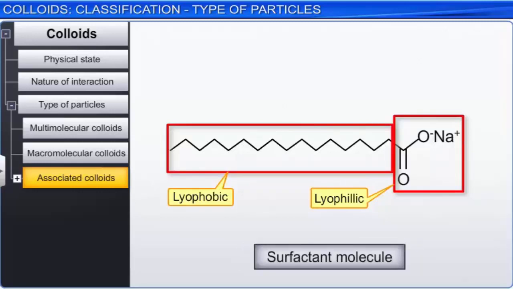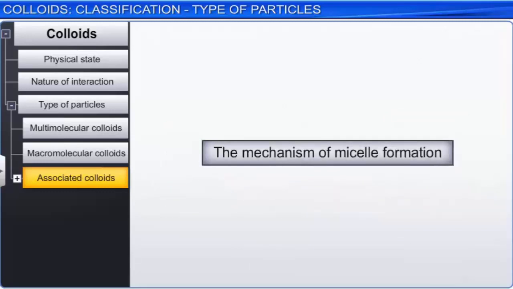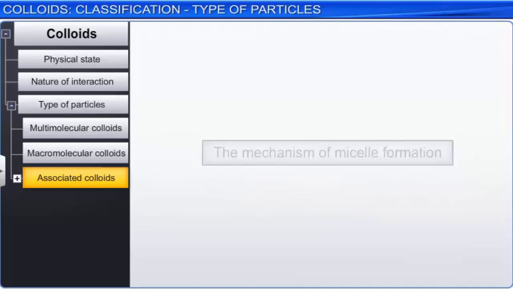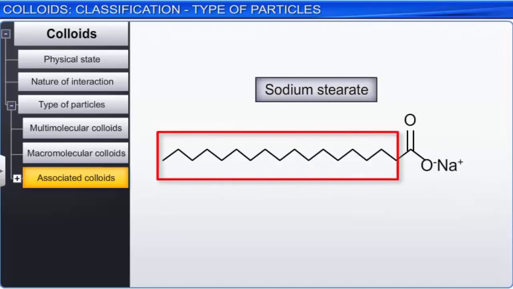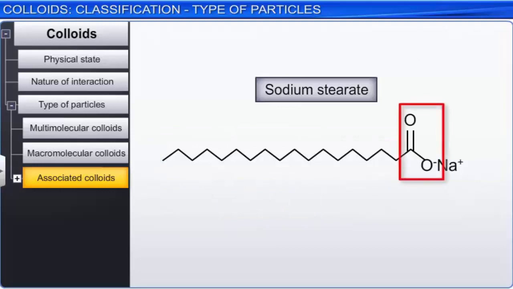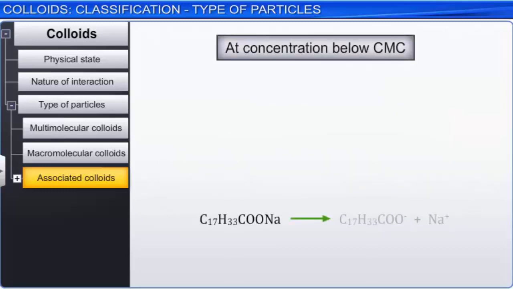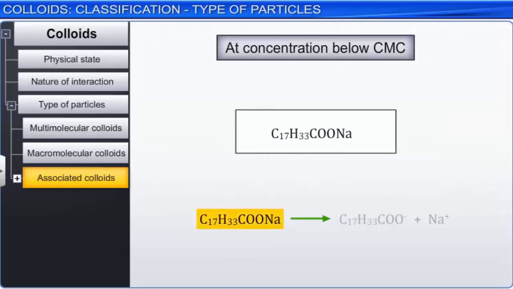Let us now discuss the mechanism of micelle formation. In sodium stearate, the long hydrocarbon part of the stearate radical, that is C17H35, is the lyophobic end, while COO⁻ is the lyophilic end. When the concentration of the solution is below its CMC, sodium stearate behaves as a normal electrolyte and ionizes to give sodium and stearate ions.